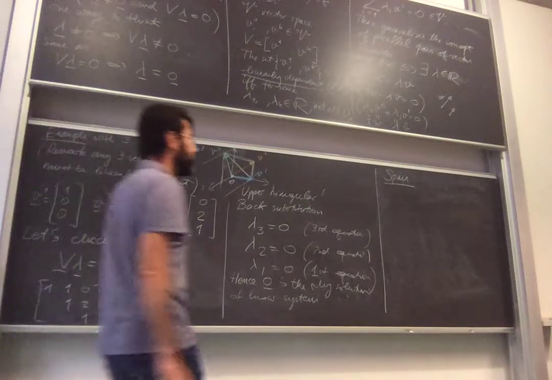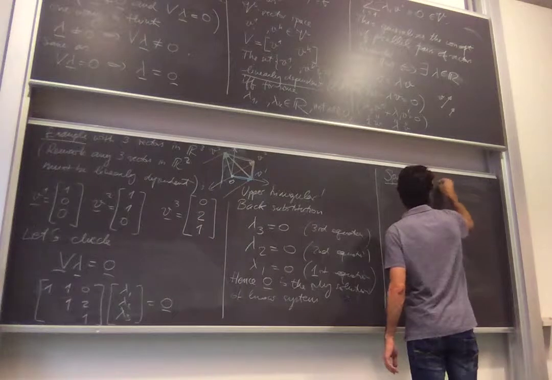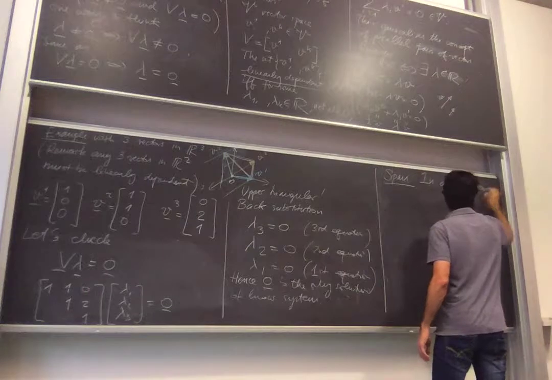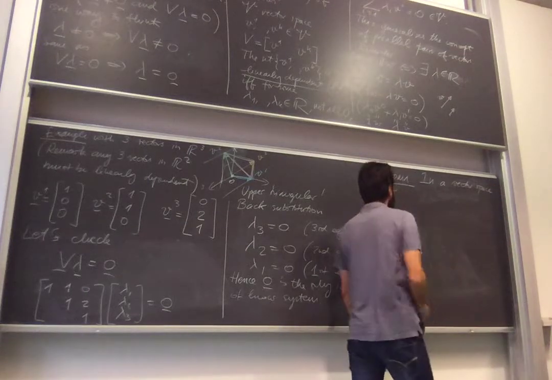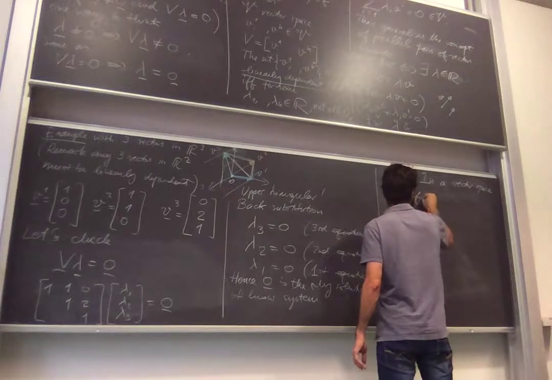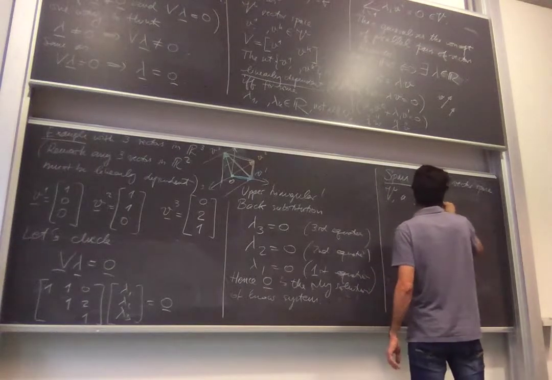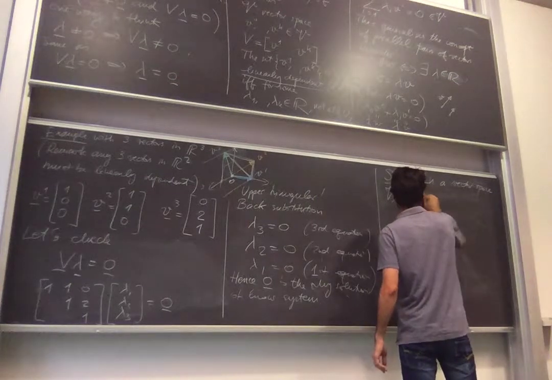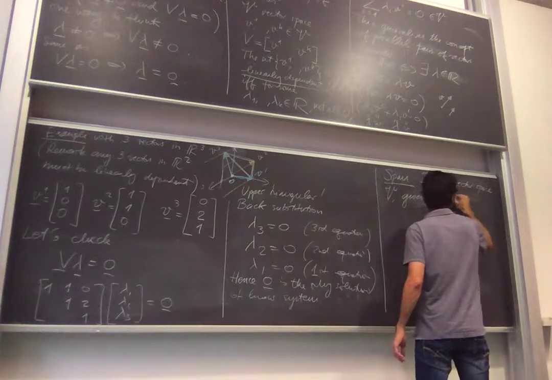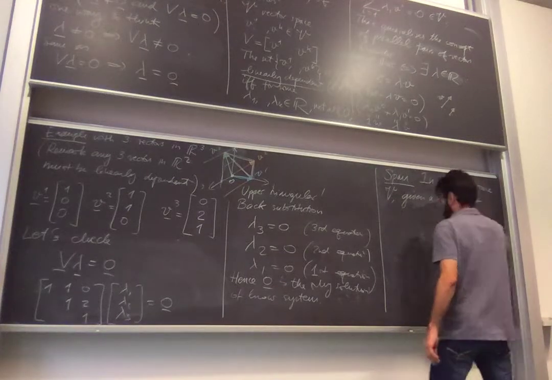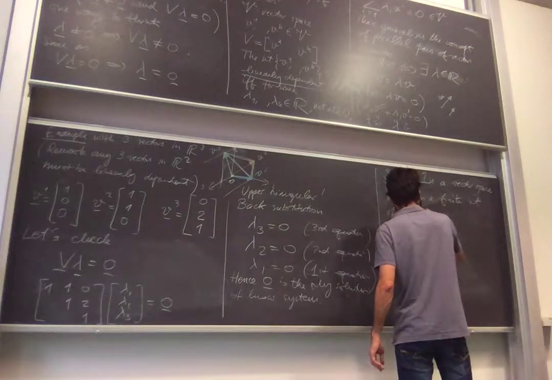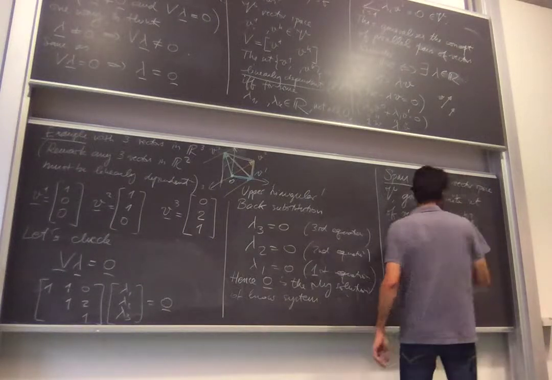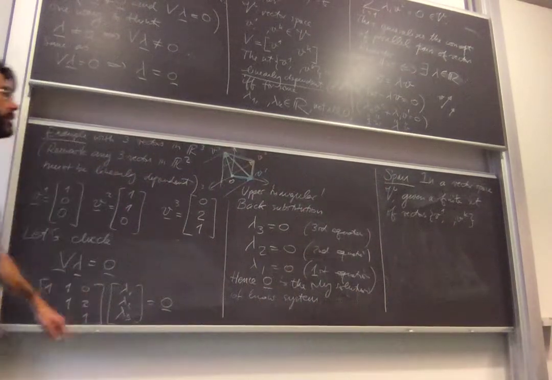Given, in the vector space V, a finite set of vectors v1 through vk. So same ingredients as for linear dependence or independence.